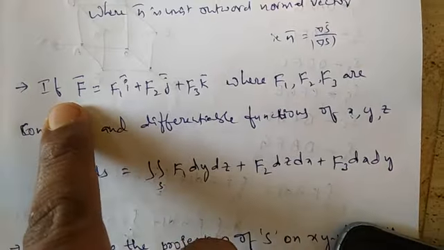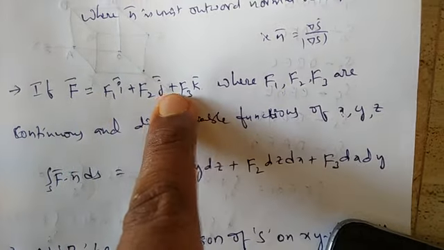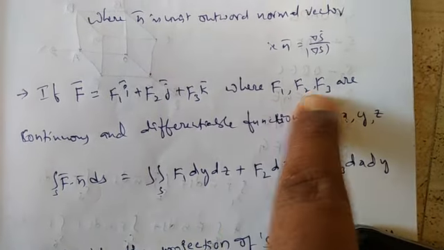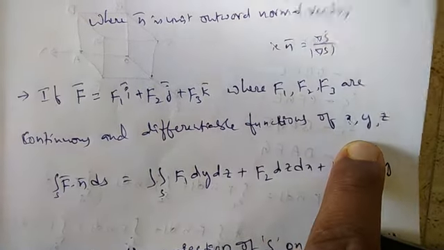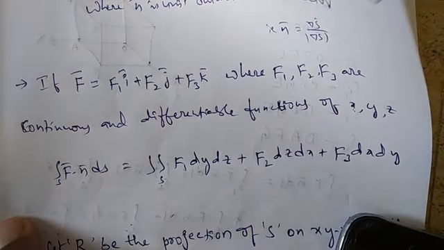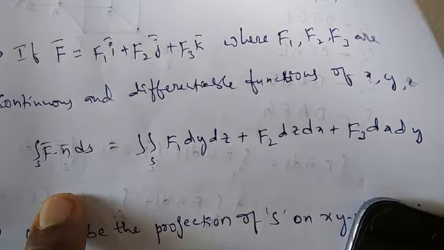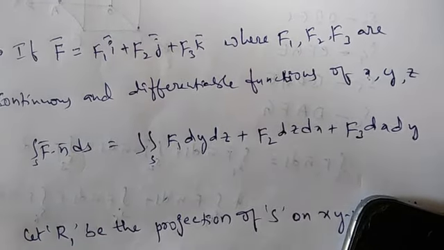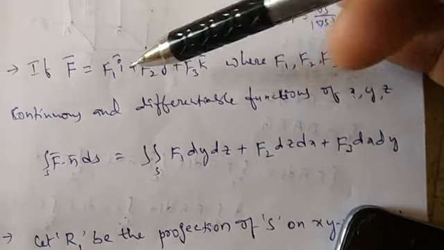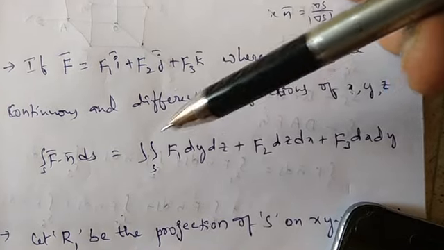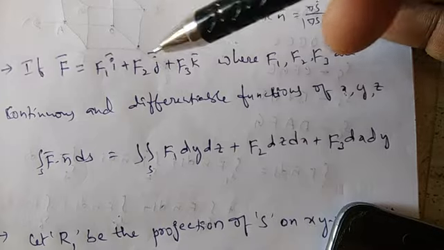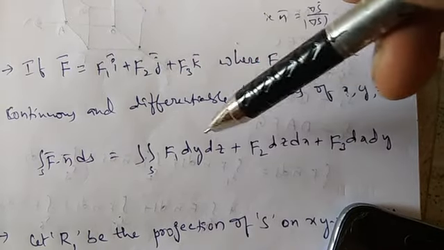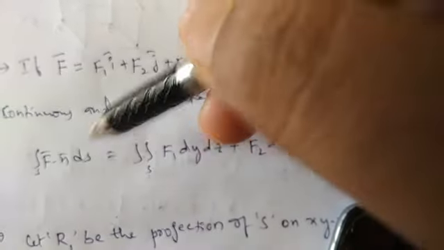Now if F bar equals f1 i plus f2 j plus f3 k, where f1, f2, f3 are continuous and differentiable functions of x, y, z, then the integral over S of F dot n dS equals the integral over S of f1 times dy dz.